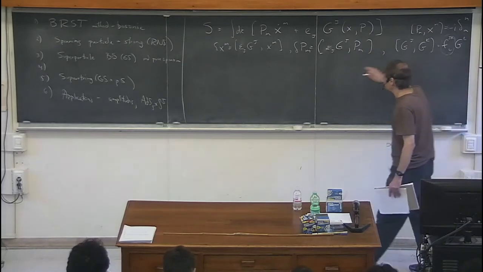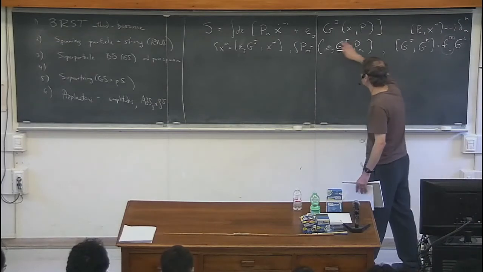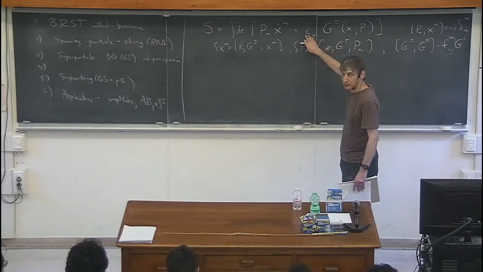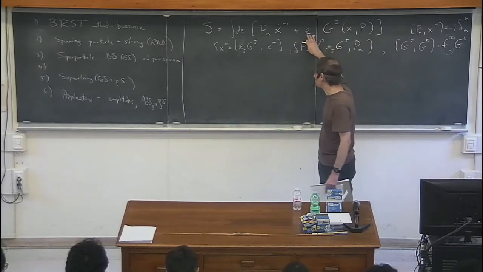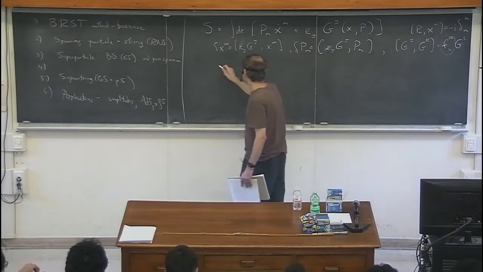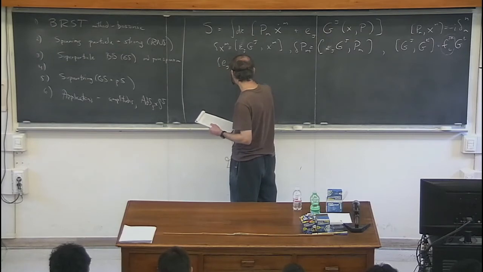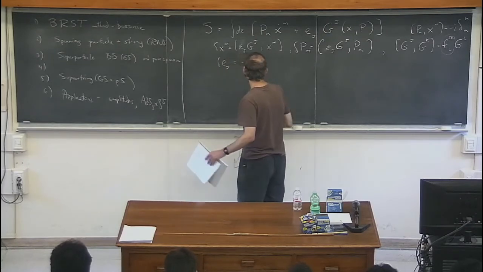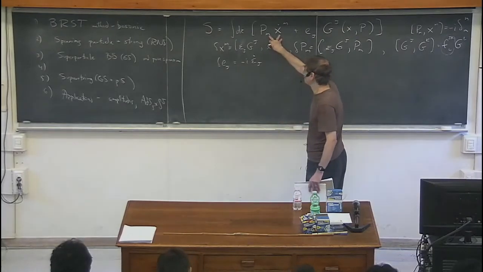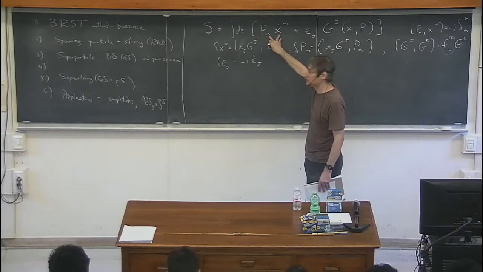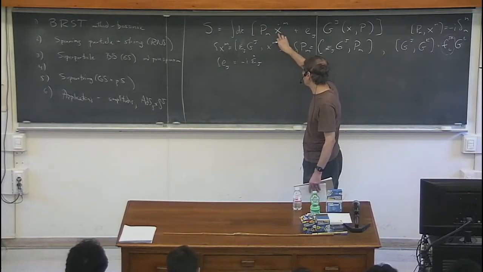Okay, so if you do this, you find the action is only invariant if you also transform E. So E are these Lagrange multipliers. So again, up to signs, I haven't been careful, but I think this is something like minus i epsilon dot. So the dot comes from this transformation here. That's the only place d tau comes into the game.